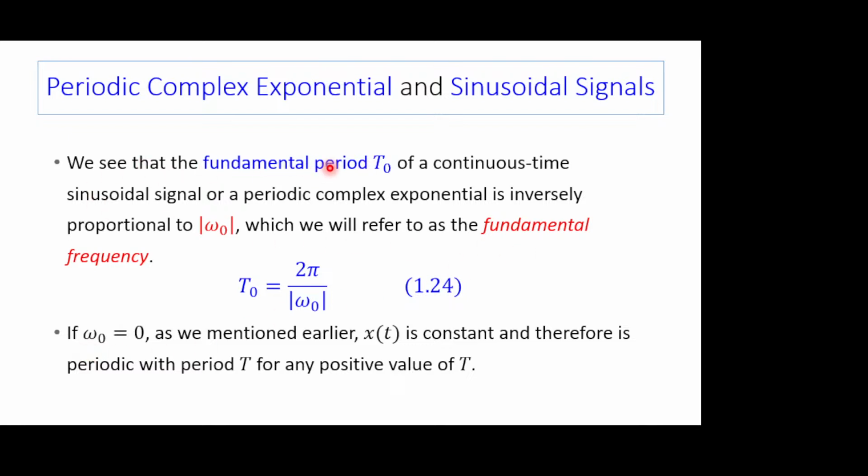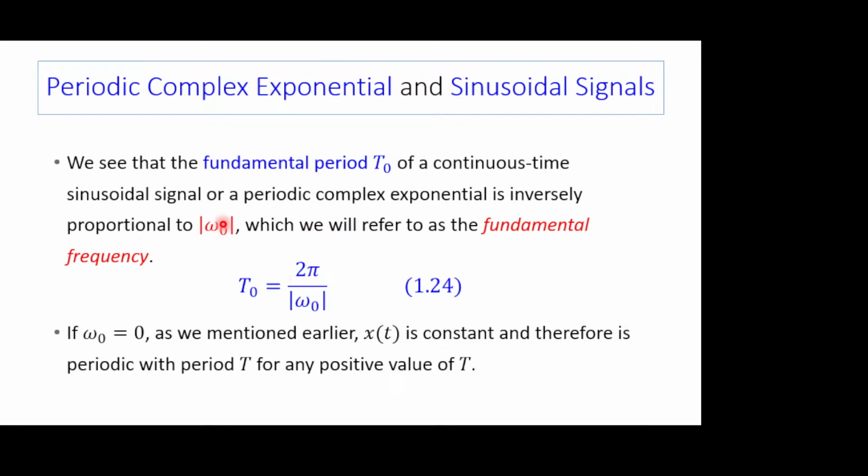We already defined the fundamental period for any periodic function: remember it is the smallest T such that x of t equals x of t plus big T. But when we discuss our complex exponential and sinusoidal, we see that their fundamental periods all have the same form.